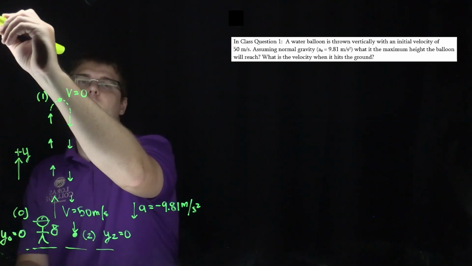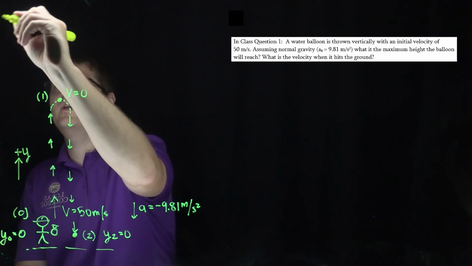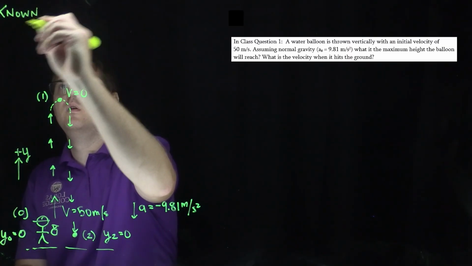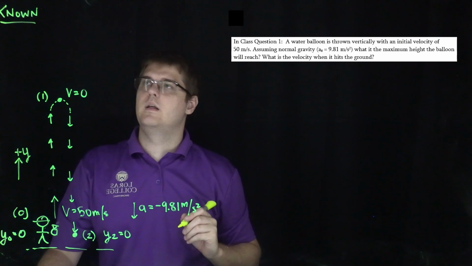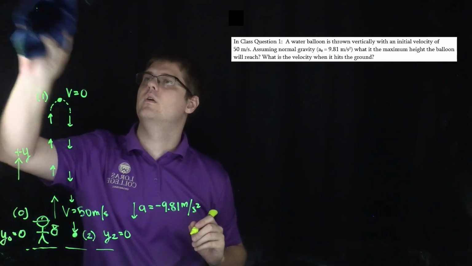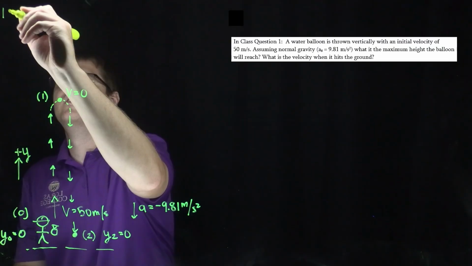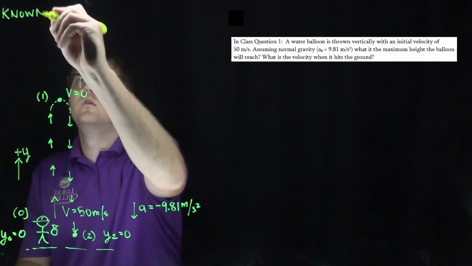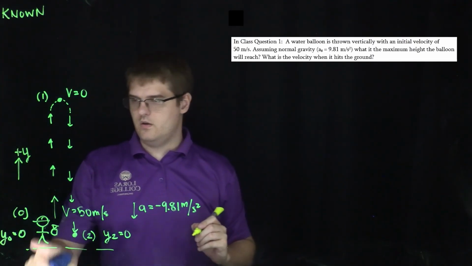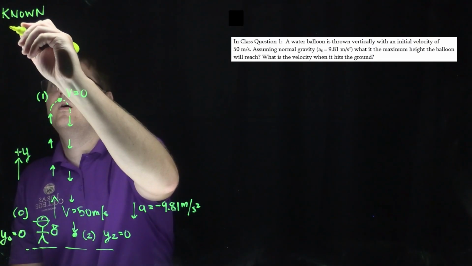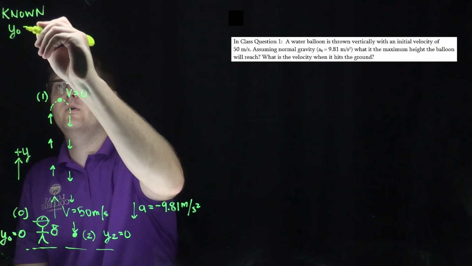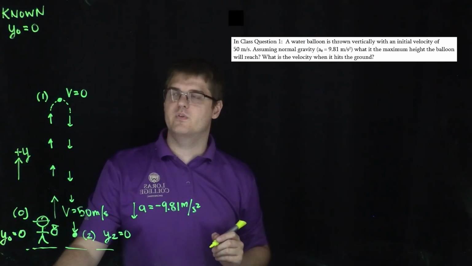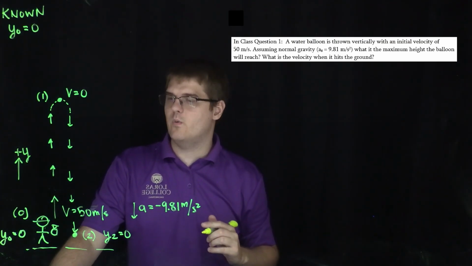So before I put in what to find, I'm going to put in all of my known values. And of course, I am off the board. What do I know? Well, I know that my position at time 0 is 0. Again, this is just like x0 position, except we're working vertically, so I'm calling it y.